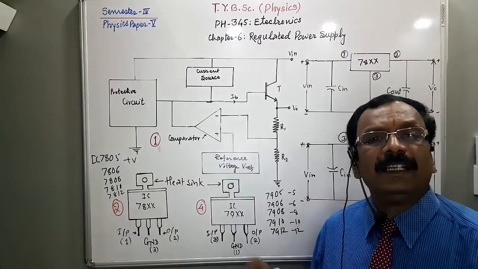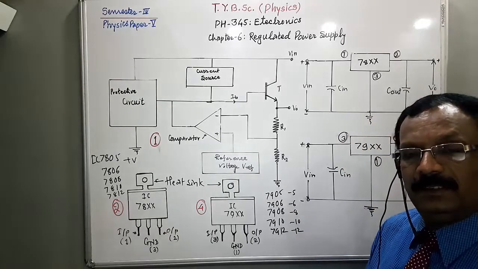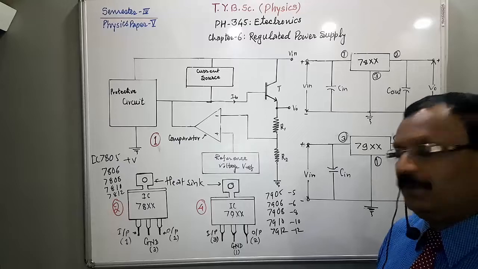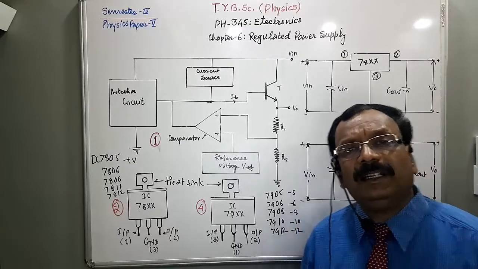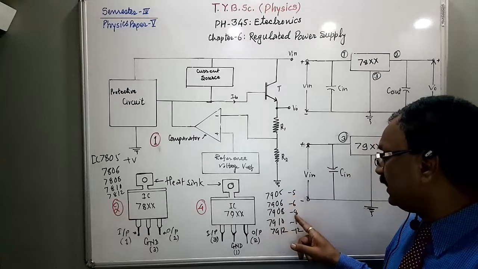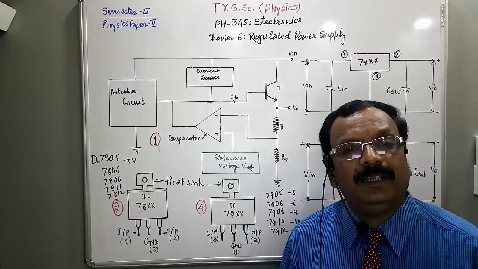That is, here also the last 2 digits after the 79 prefix indicate the regulated negative voltage -5, -6, -8, -10, -12 volt respectively.